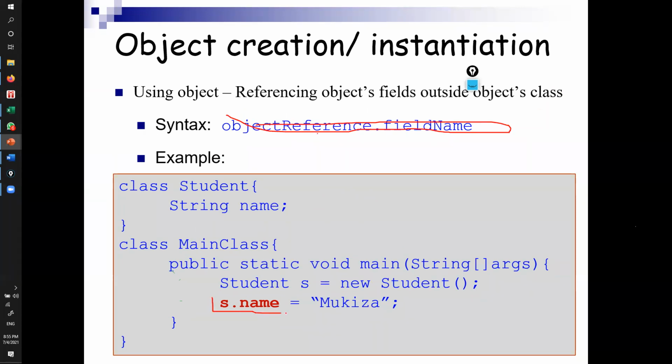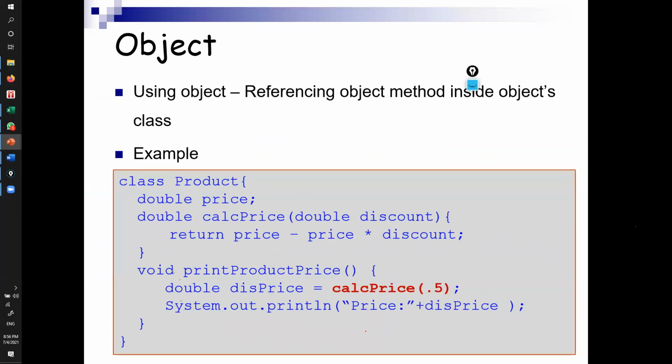So this is what I'm saying here. So if I needed to give a name to this variable in this class, this is how I go about it. Instance, also known as object reference, dot the property name. Then I can give a value. So I'm putting a name in this variable here. So we come back to this one when we do some more examples.